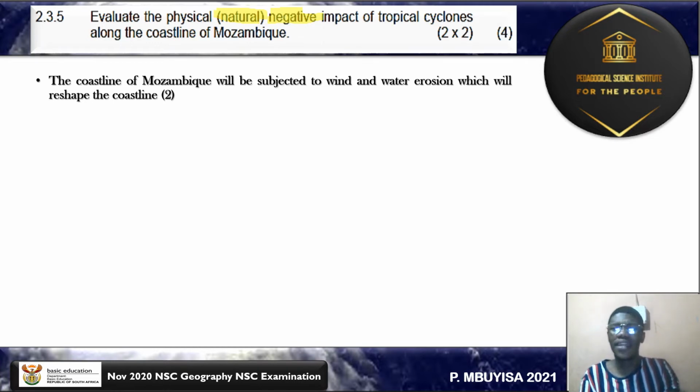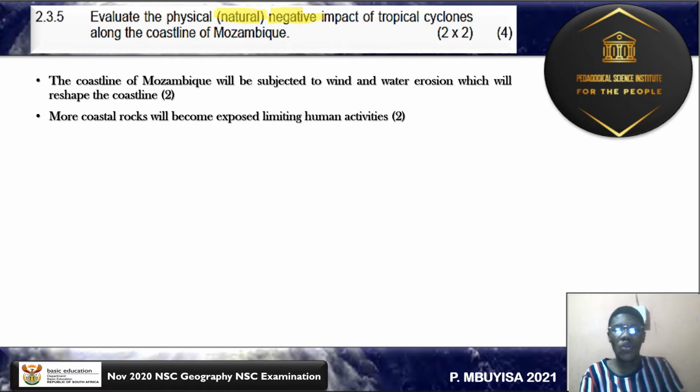So that may cause the ocean to be wild and strong. Remember, they're associated with storms that may cause water to rise above sea level, and it may cause flooding in the coastal regions, which may reshape those areas because of these strong winds and this massive water that comes as a result of the tropical cyclone.